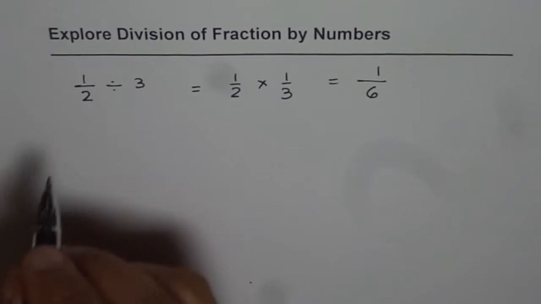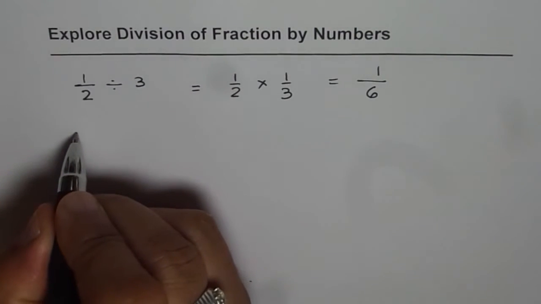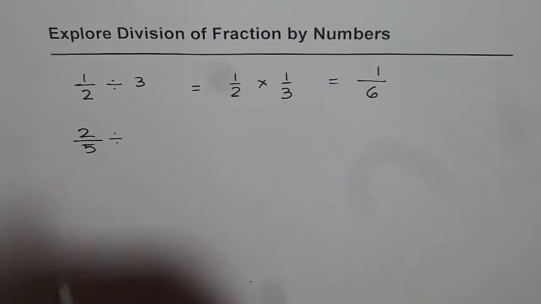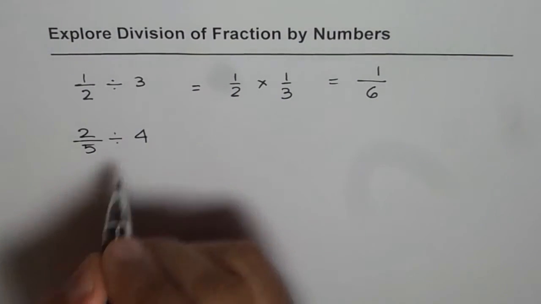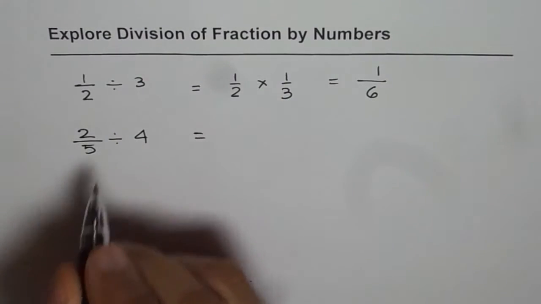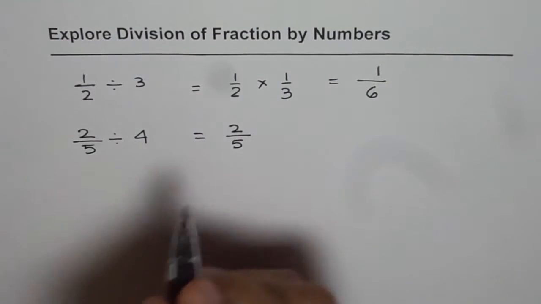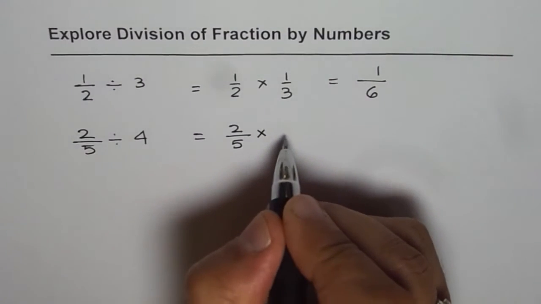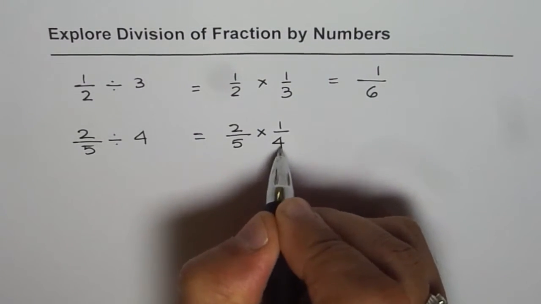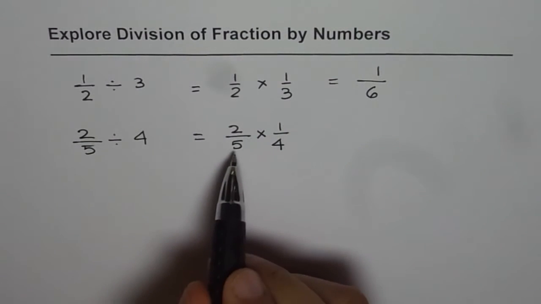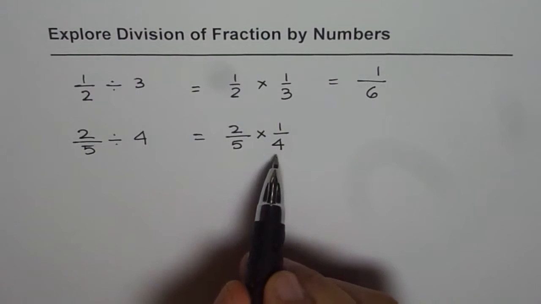Now let's continue with few more. Let us say we have 2 over 5 and we want to divide this by, let us say, 4. In this case, division is same as multiplication by reciprocal. So we'll multiply this by 1 over 4. So we have 2 times 1 in the numerator, 5 times 4 in the denominator.